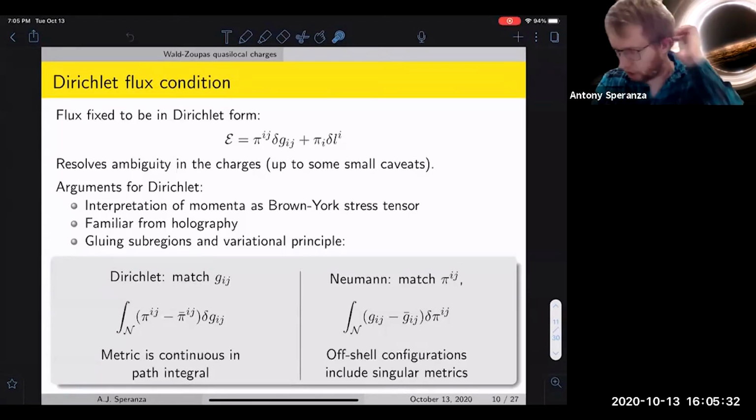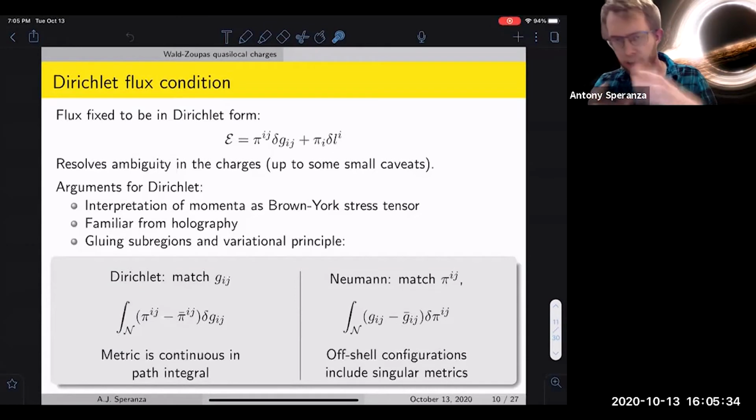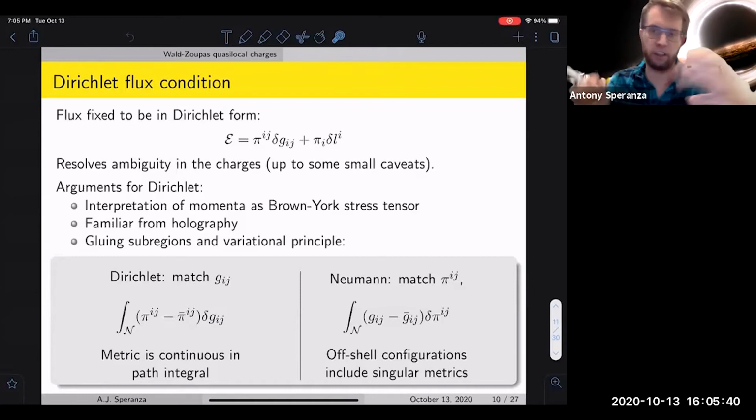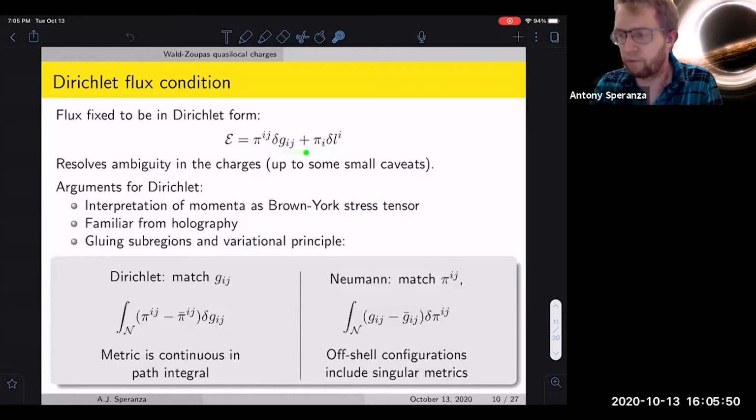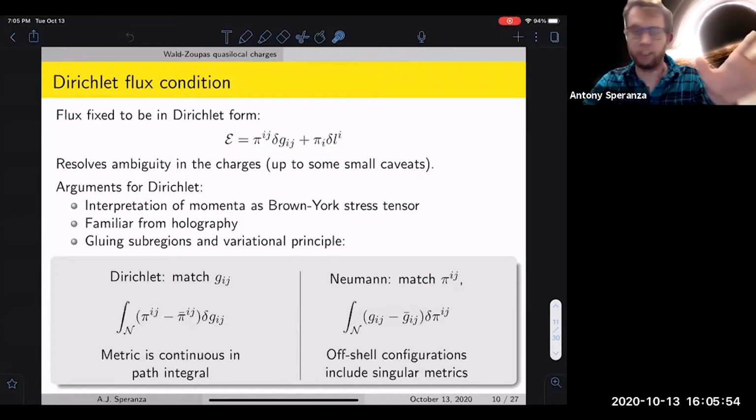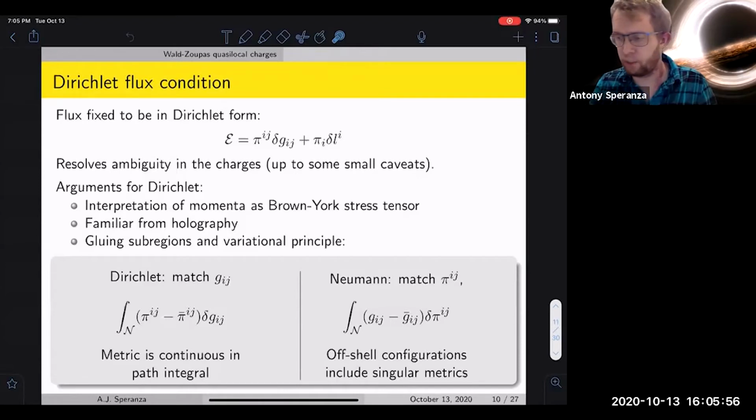We have another argument in terms of gluing subregions together. If we assume that we have a subregion and we want to eventually attach on the complementary region to get the global spacetime, the Dirichlet form seems to be preferred using the following argument. When you do the Dirichlet form and do the variational principle associated with a subregion and its boundary, you're going to kinematically match the intrinsic quantities that are appearing here.